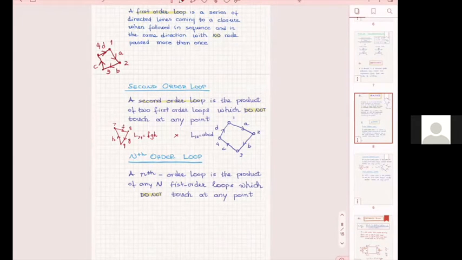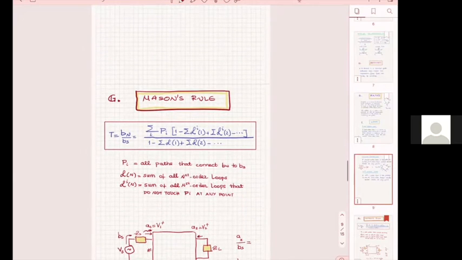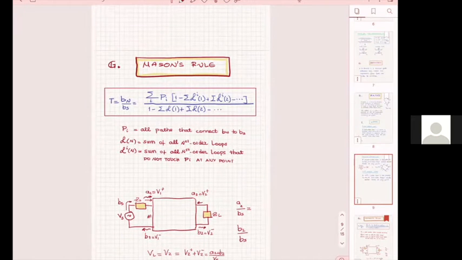Otherwise, if your lower order loops touch, then you cannot go to higher order. So that's the other. And then when you sum those up, and you will see an example, you put them in the formula, and it says you create products between every path and what is in parentheses, which is 1 minus all the first order loops plus all the second order loops, but this I shows that none of them should touch the path.